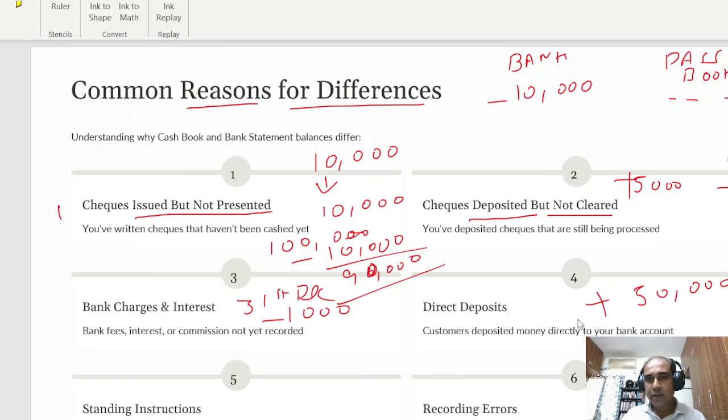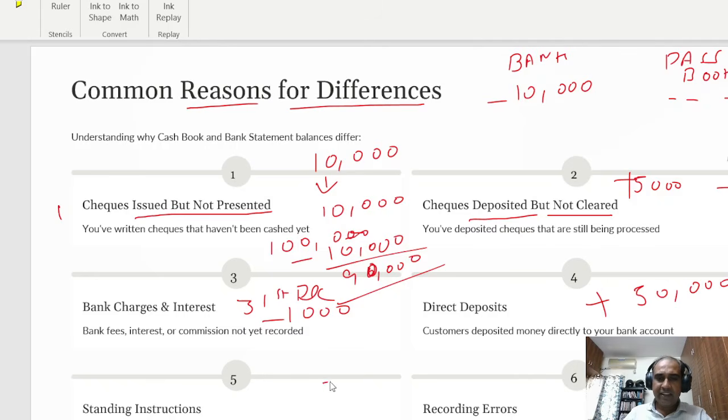This transaction will be recorded whenever the company sees the bank statement. That is the moment when they will be in a position to record it. So what will happen, guys? The passbook will have a higher balance, whereas the cash book maintained by the company will be showing a lower balance. Clear?